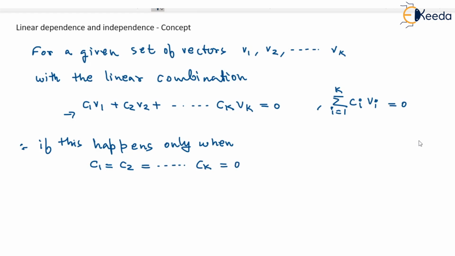So if this equation is satisfied only for c1, c2 and all the c to be 0, then we say the vectors are linearly independent.